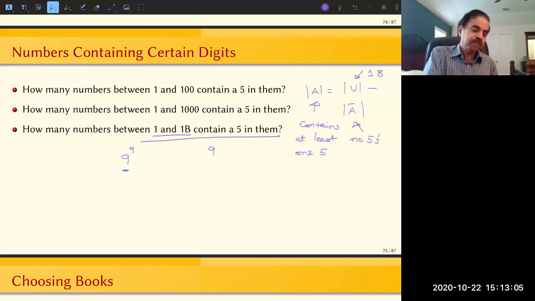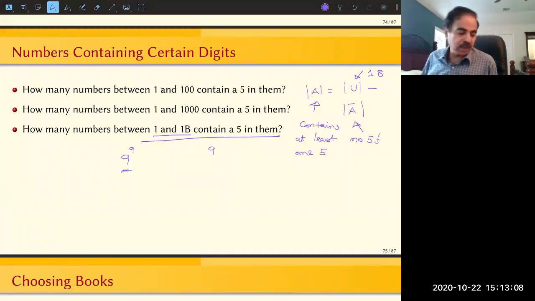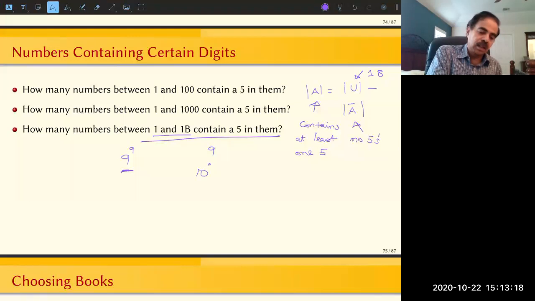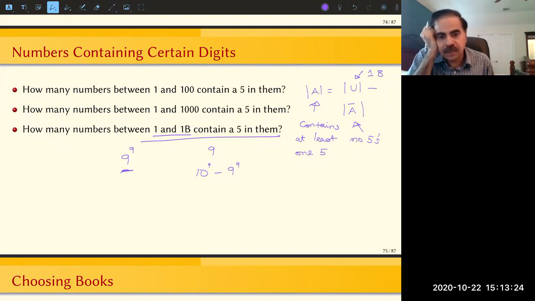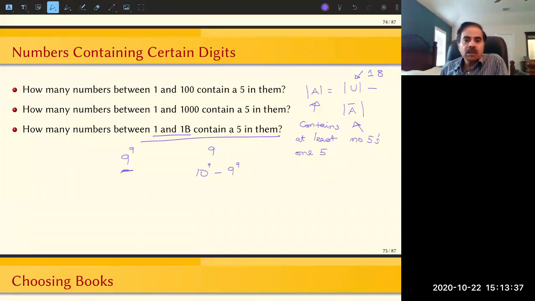So you take that away. So all you have there are 9 to the power 9 numbers that don't contain a 5, right? So therefore, 10 to the power 9 minus 9 to the power 9 gives us all of the numbers that contain at least 1 5 in them. Right? So again, this is a strategy that you might have used in the past.